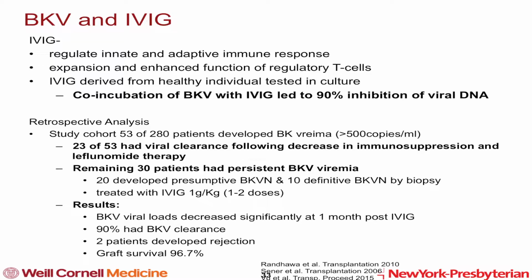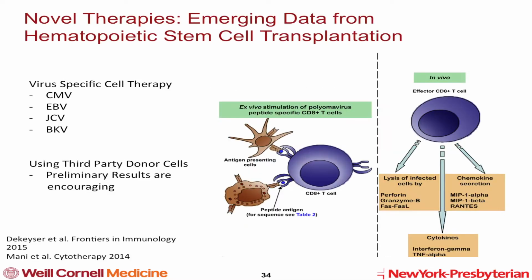And then what's really interesting, I think, is the new therapies that we're learning about from the hematopoietic stem cell transplant population. They actually have been stimulating T cells with viral peptides in a petri dish, and then expanding those virus-specific T cells, and then infusing them back into patients.